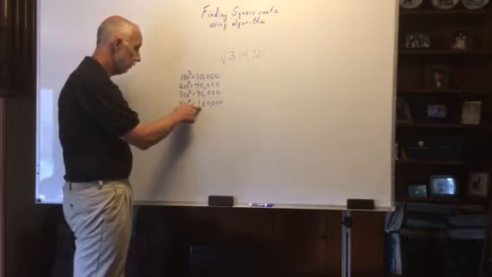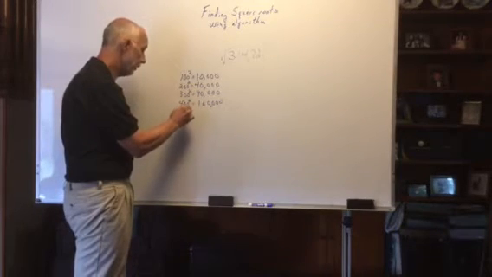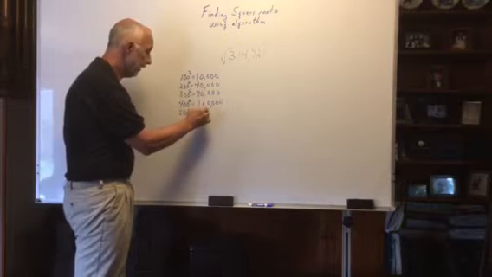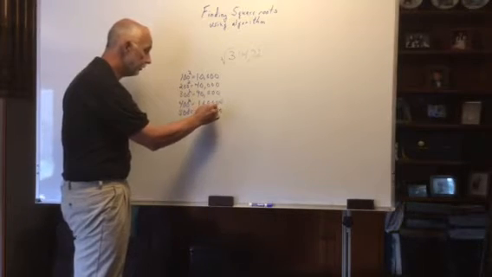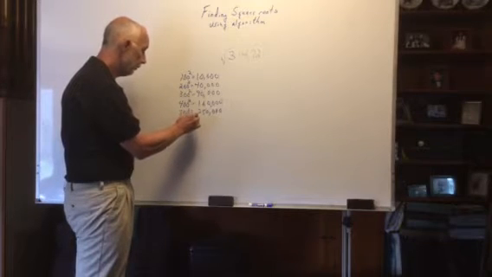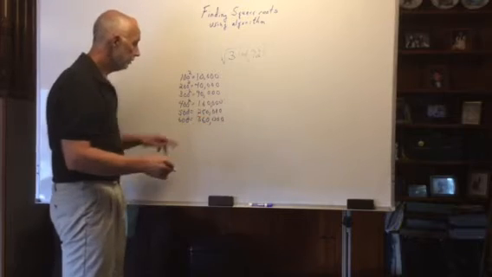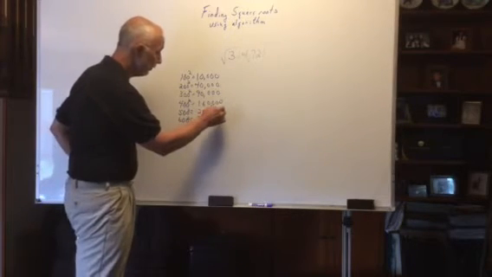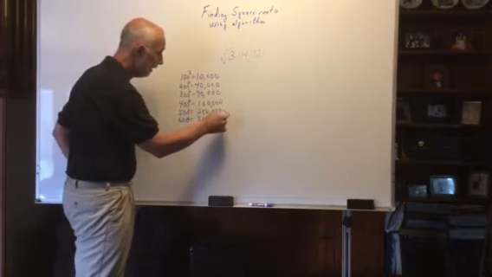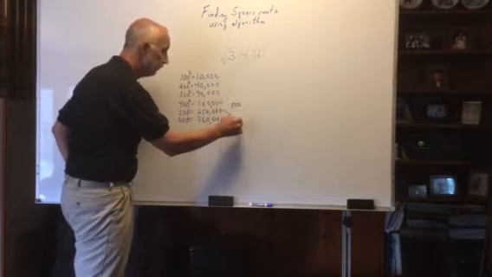Double the 4 is 16 with 4 zeros behind it. 500 squared is 250,000. I'm getting closer now, but I'm still not there. And then 600 squared would be 360,000. So your answer is going to be somewhere in between 500 and 600.